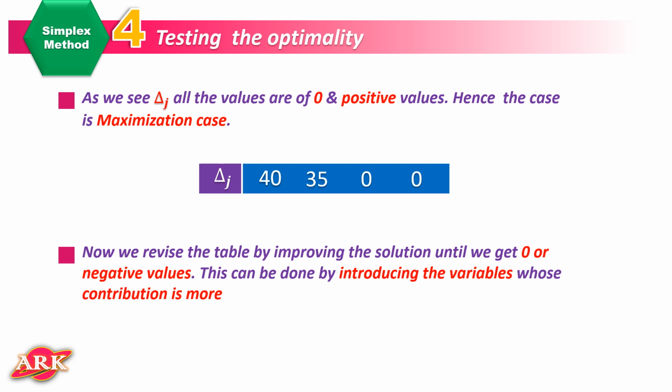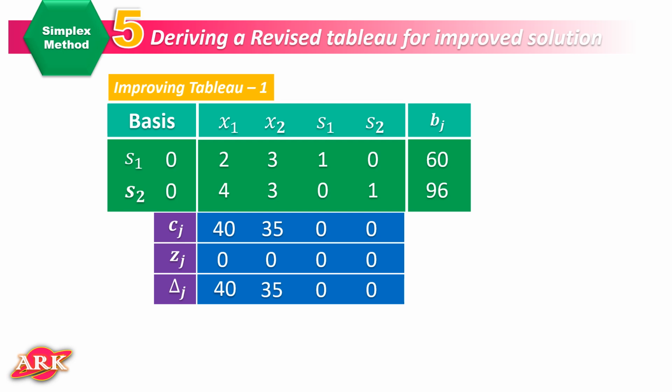Let's identify that. Now the fifth step is deriving a revised tableau for an improved solution. What we have to do is identify a variable which is contributing more to the profit, and introduce that variable into the basis variables.